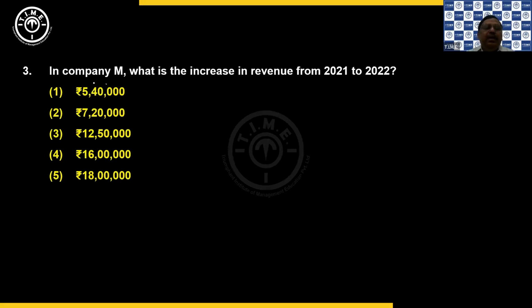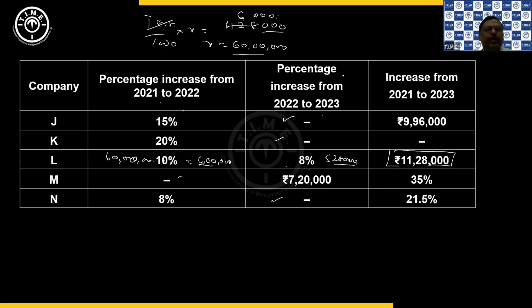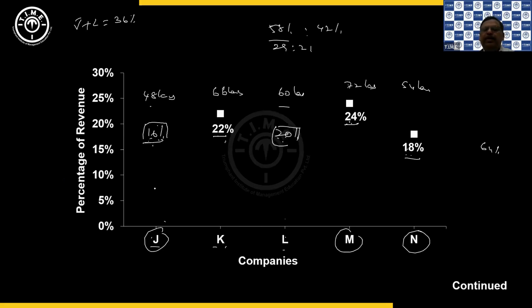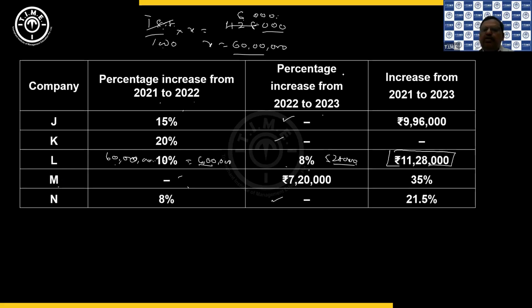In company M, what is the increase in revenue from 21 to 22? M 21 to 22. Let's see. You know, students, M, the revenue is 72 lakhs. In that, total increase is 35%, meaning 35% of 72 lakhs.